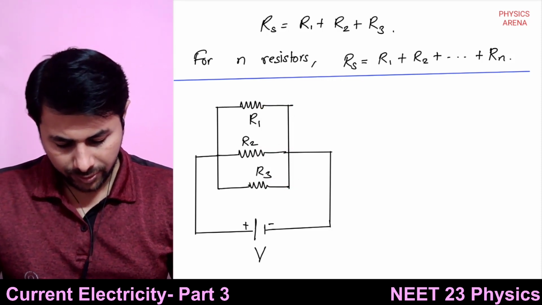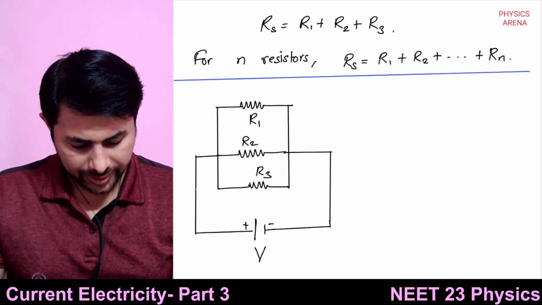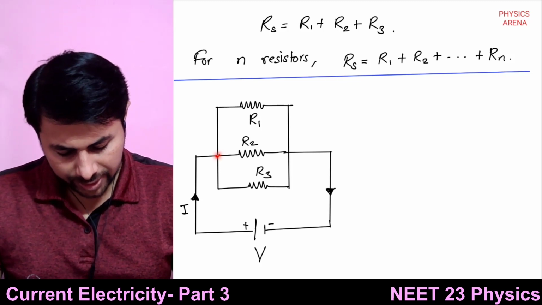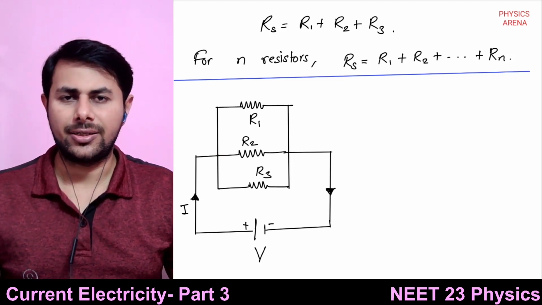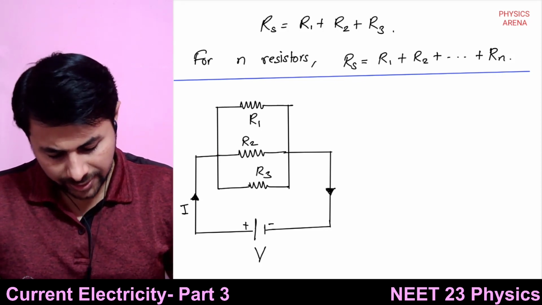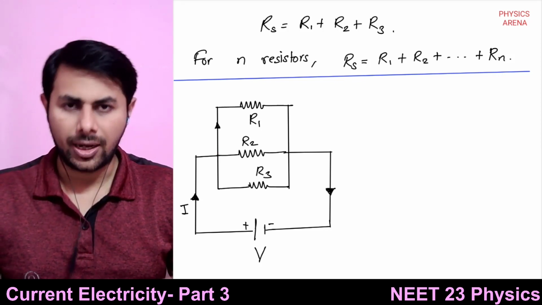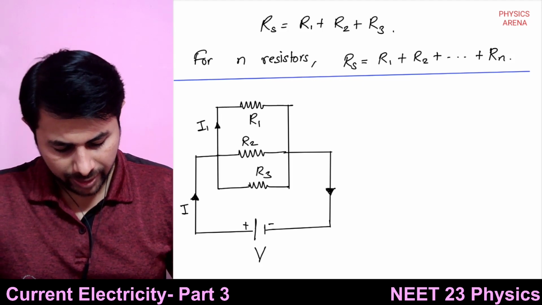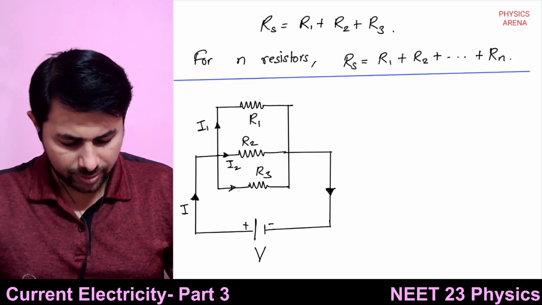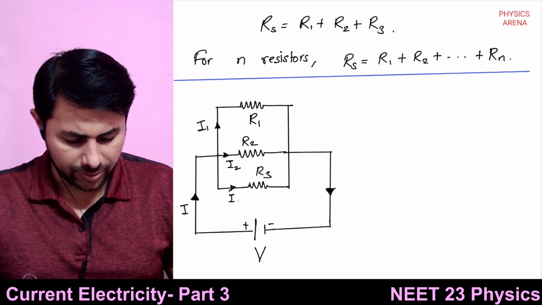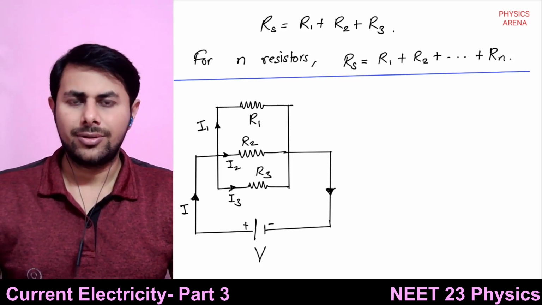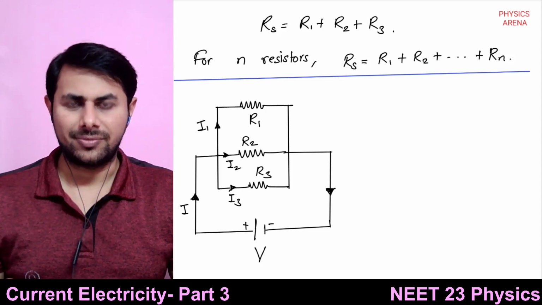So the current through this circuit is I. At this point the current gets divided into three parts. Current flowing through R1 is suppose I1, current through R2 is suppose I2, and current through R3 is I3.